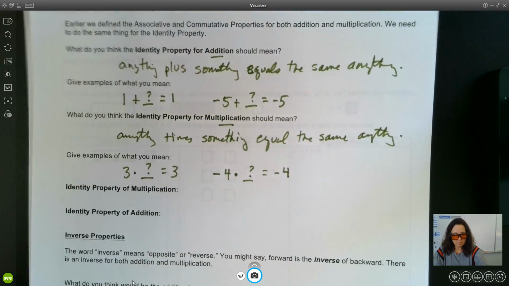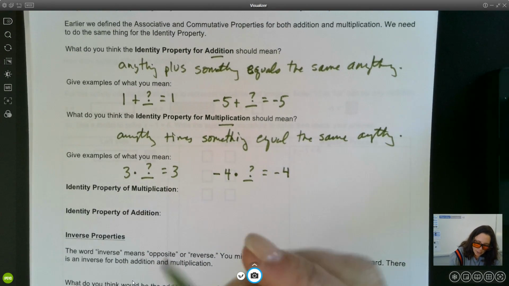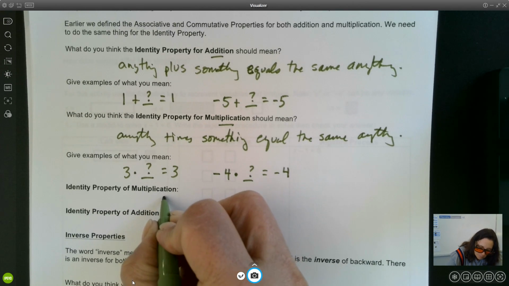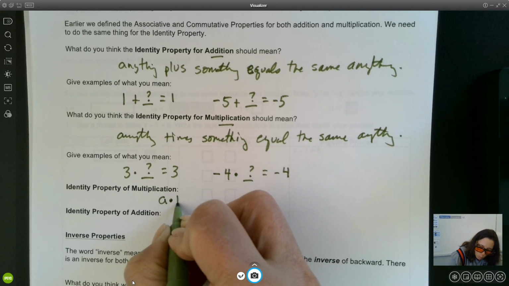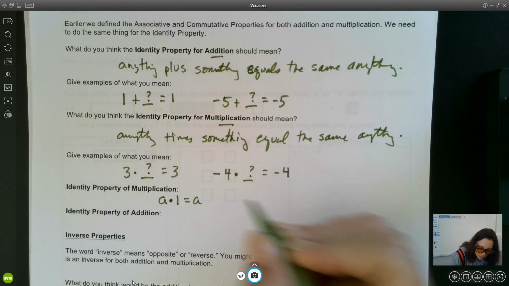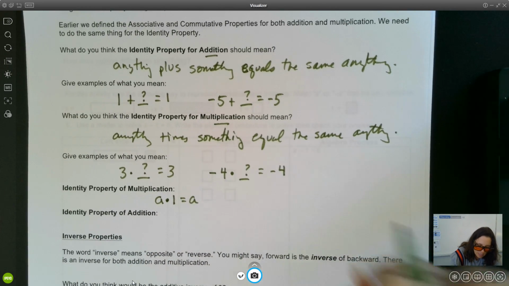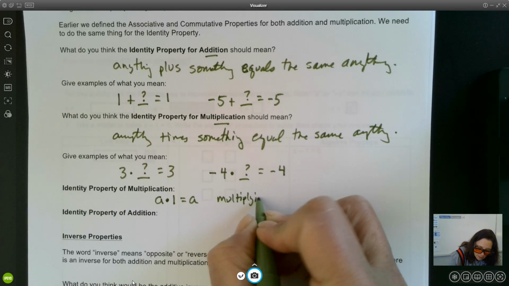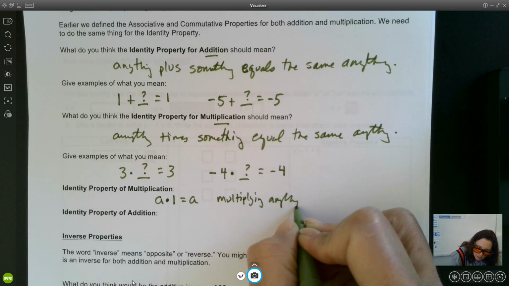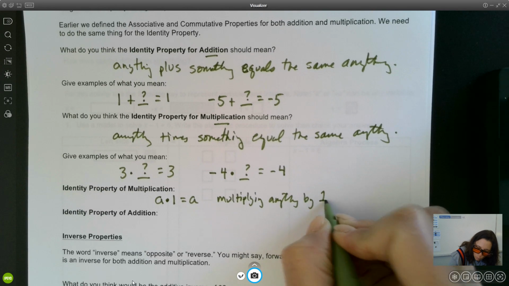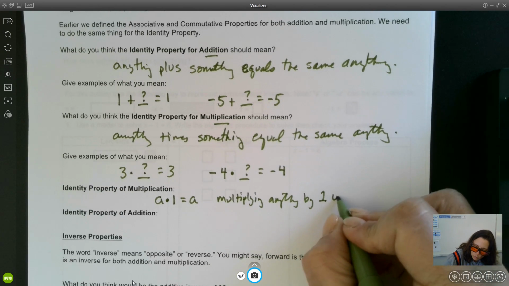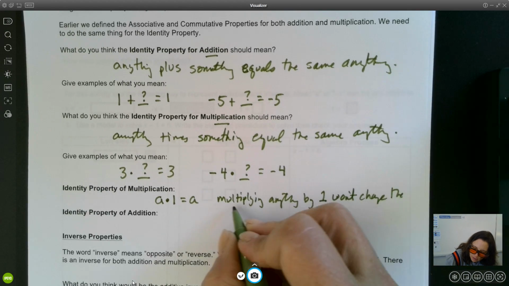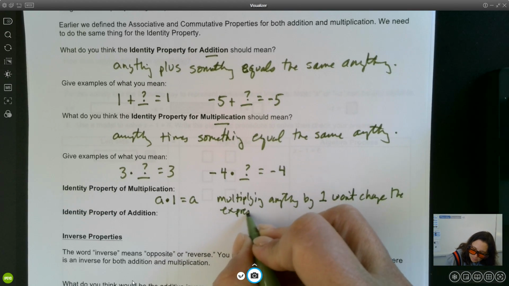Okay, so let's put them down right here. So identity property of multiplication, anything times 1 equals anything. Okay, so multiplying anything by 1 won't change the expression.